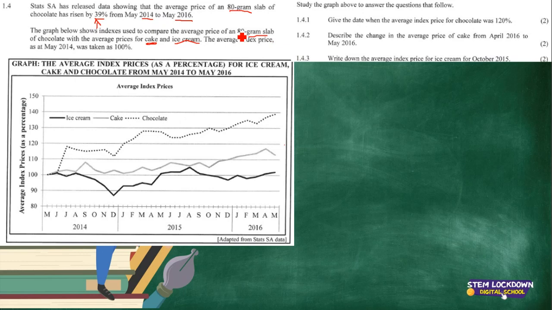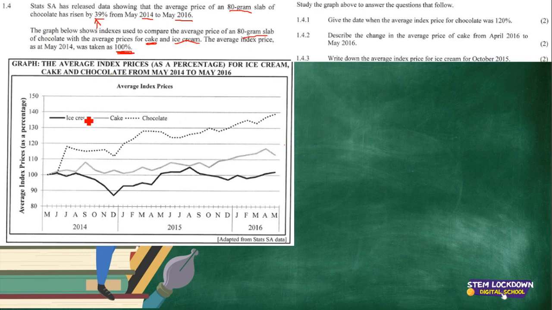The average index price as at May 2014 was taken as 100%. Remember, I said the original figure is taken as 100%, then we change over time.